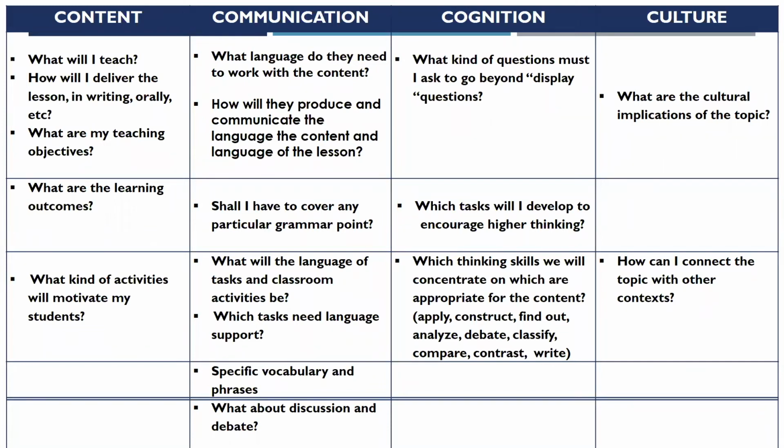Is this going to be delivered orally, or is it going to be a text they will have to read? My teaching objectives, the learning outcomes we've talked about. What kind of activities will motivate my students? There are many things I can do in order to motivate my students. So you can teach a subject, but using materials that are really interesting for your students.